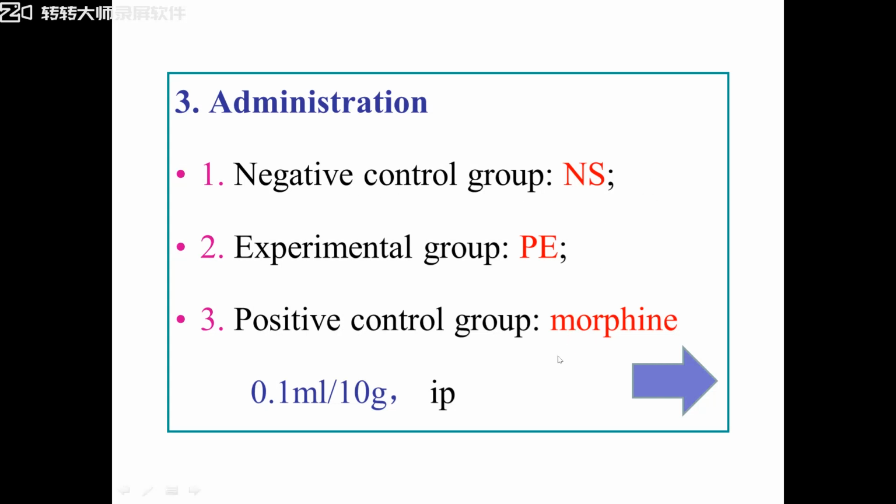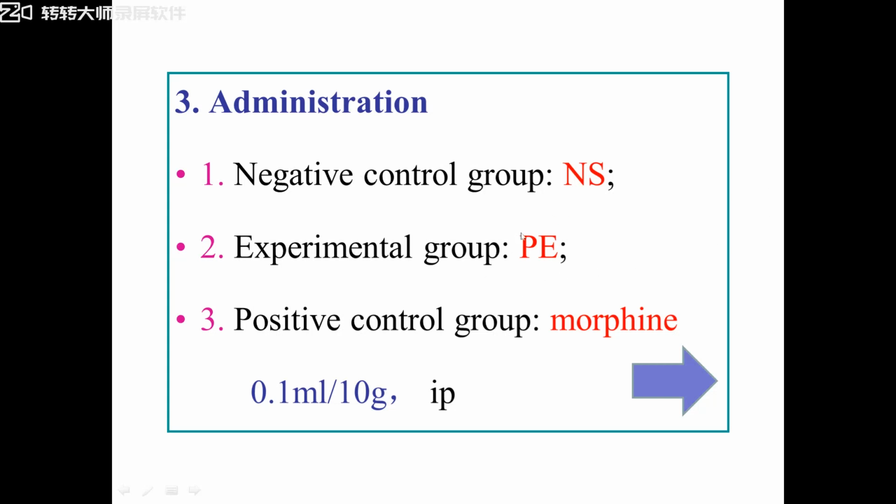And the third one, we injected morphine. We know morphine has a strong analgesic action. So that means after injecting morphine, which has strong analgesic action, the pain threshold will be prolonged. Yes, excellent. The pain threshold will be prolonged from 10 seconds to 40, 50, maybe to 60 seconds.